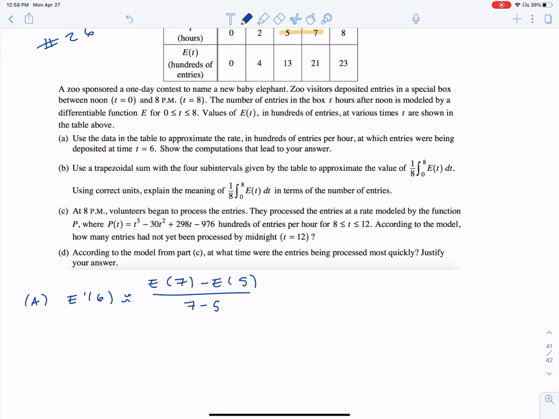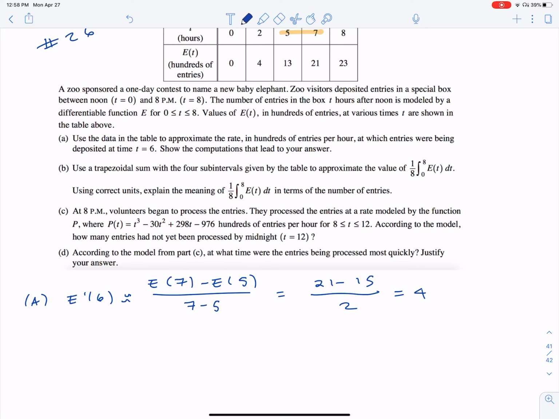In this case, I'm going to get this, which equals 4. So it is changing at a rate of 400 entries per hour at time t equals 6.